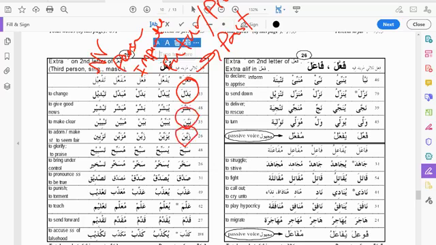Zayyana, to adorn, to make it more beautiful. Zayyana, to beautify. Yuzayyinu, beautifying. Zayyin, you're telling him to beautify.